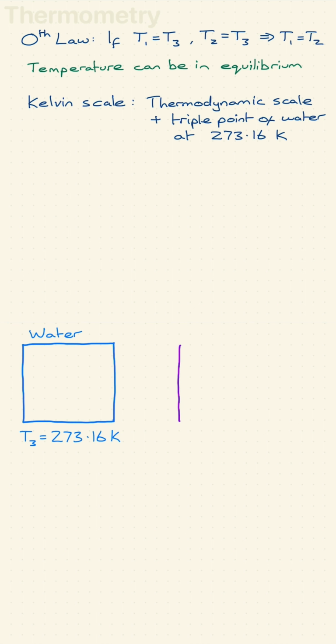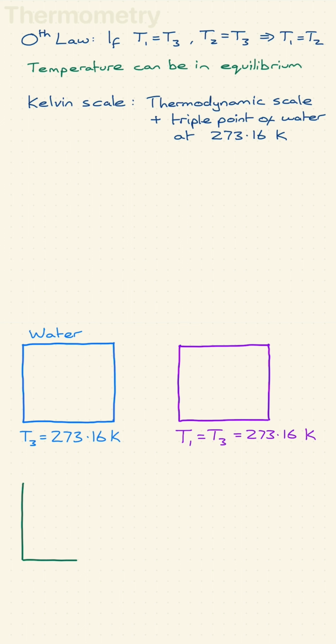Now I have this other container labelled 1. It is the same temperature as 3, so T1 equals T3 equals 273.16 Kelvin. And in this container labelled 2, it is the same temperature as 3, so T2 equals T3 equals 273.16 Kelvin.